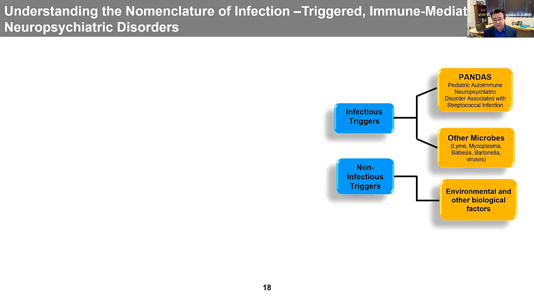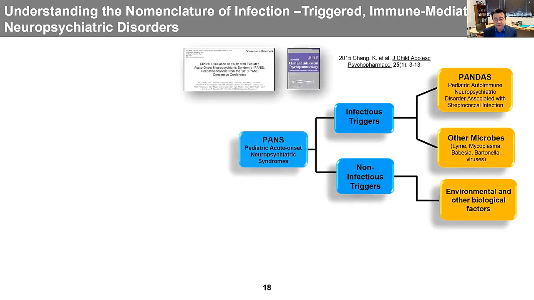So we know that there are infectious triggers and non-infectious triggers. And the attempt was then, when PANS was coined, to be pediatric acute onset neuropsychiatric syndromes. Well, it's irrespective of strep, it's irrespective of the organism, but what happens if you're not a child? Well, you can't have PANS and you can't have PANDAS, but you may have the exact same syndrome.